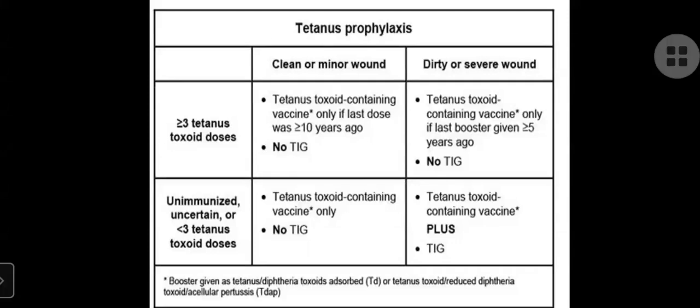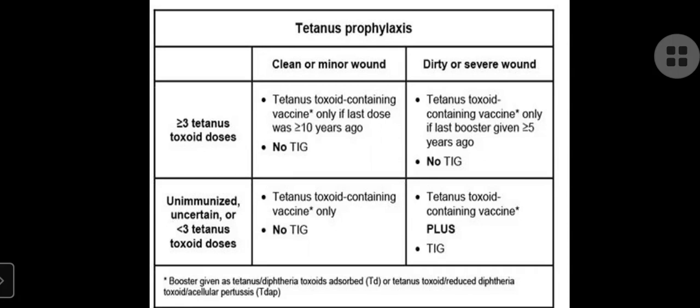Yeah, that is what we give to the patients, even. So it's the TT that will give the immunity that we need. For the prophylaxis, that's the main intramuscular injection we give, even with patients that have a clean wound, dirty wound, or whether we know if they have been immunized or not, we give the TT for prophylaxis.